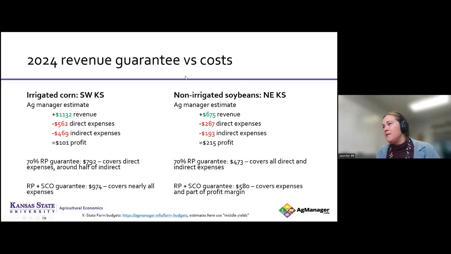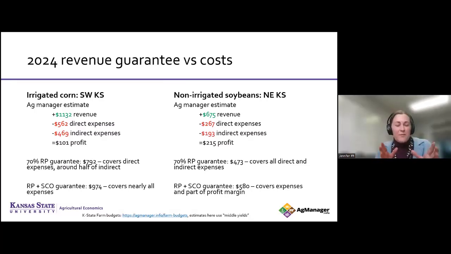Non-irrigated soybeans, this is for Northeast Kansas, so the per acre profits are a little higher. That 70% RP guarantee is going to cover direct and indirect expenses. And if you add on SCO or another high coverage policy, that's going to cover that profit margin.